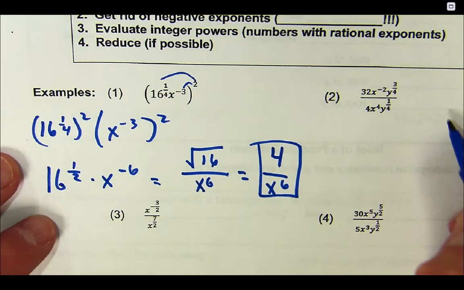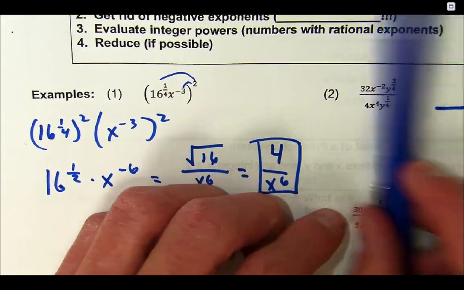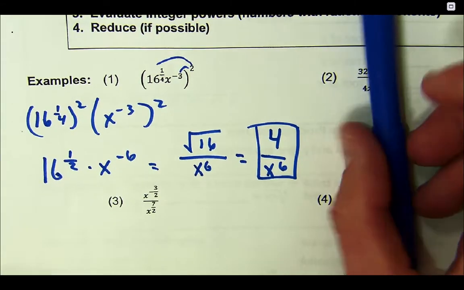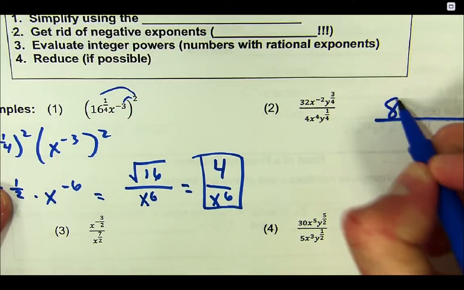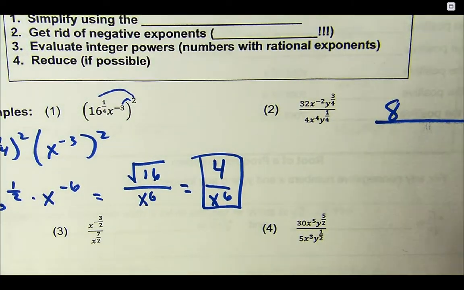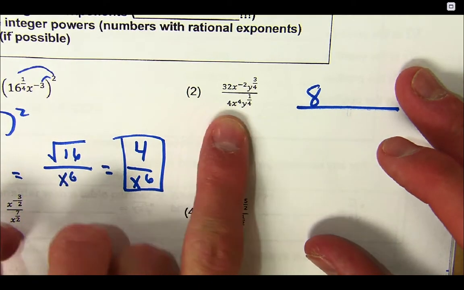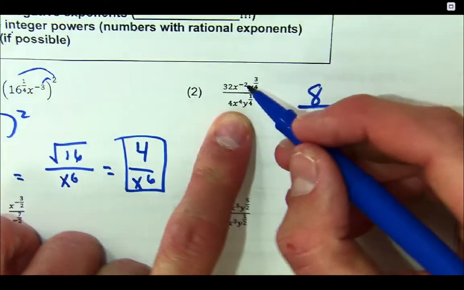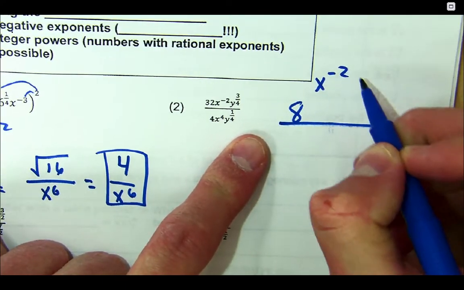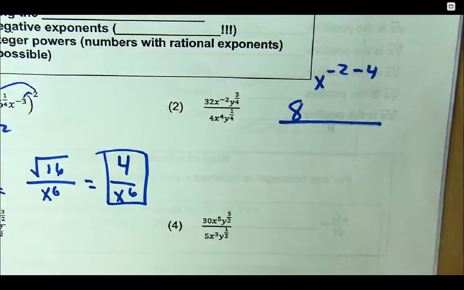All right. So let's take a look at number 2. If you were just given 32 divided by 4, you would hopefully know that 32 divided by 4 is 8. Now let's just take a look at your x's. Remember, you have division, so what you do with these exponents is that you subtract them. So this is whatever negative 2 minus 4 is.